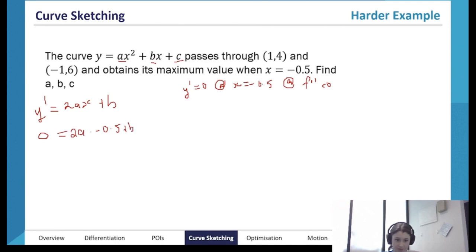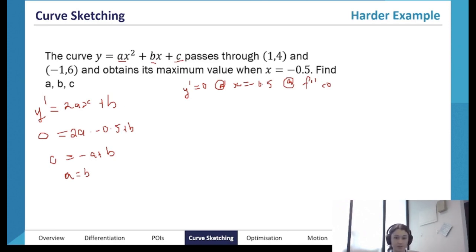This is going to give us 0 equals negative a plus b, which gives us that a is equal to b. So this is really helpful information. We don't yet have a value, but what we do have is some more information that we can use with simultaneous equations. What we also have is these two coordinates.